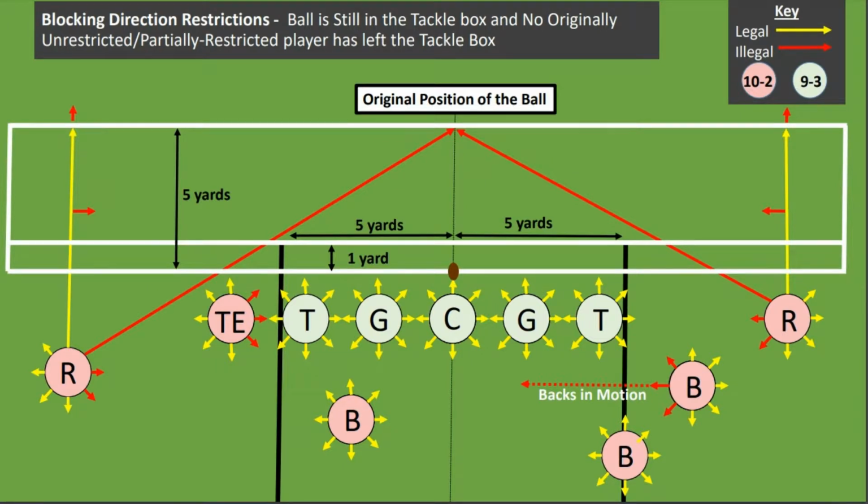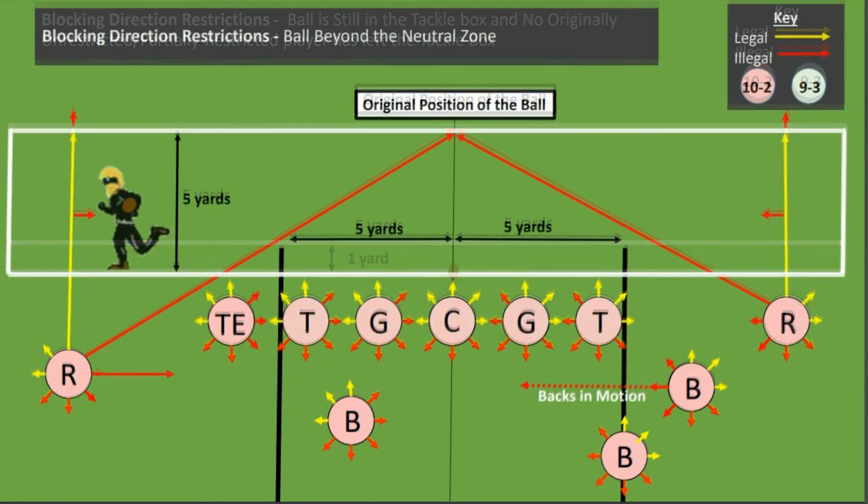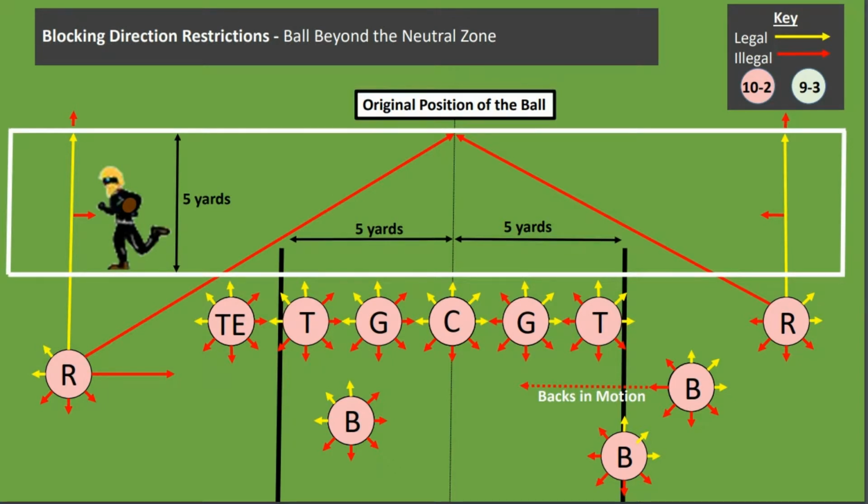We now reset to our normal blocking restrictions as this ball is in the tackle box and the players are within the tackle box. We'll now transition to the ball being in advance of the neutral zone. The restrictions as stated before kick in again.